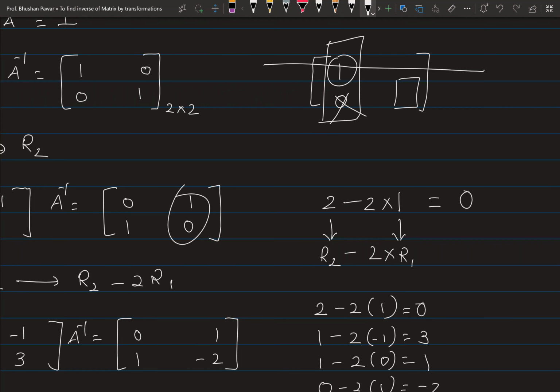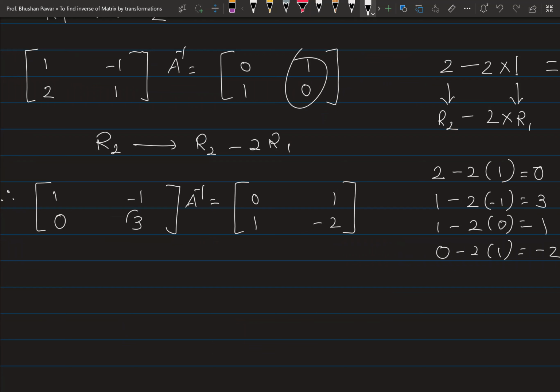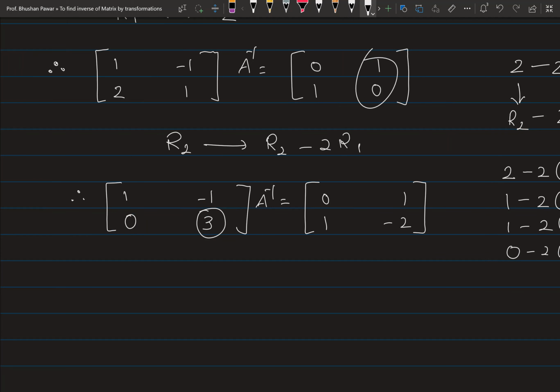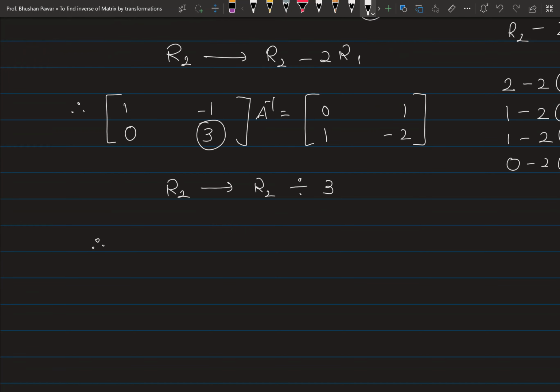Now we go to the question. We have 3 in the place of 1. So the only option left is to divide by that number 3. As it is in R2, I will say divide R2 by 3. Therefore, we copy this part, R1 copied.